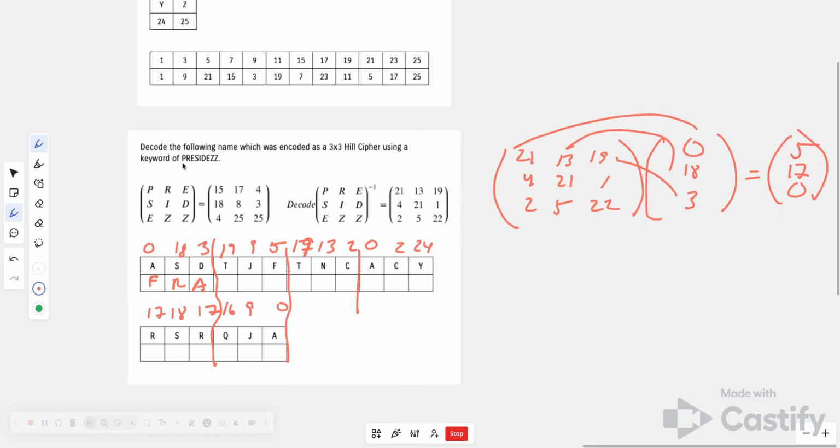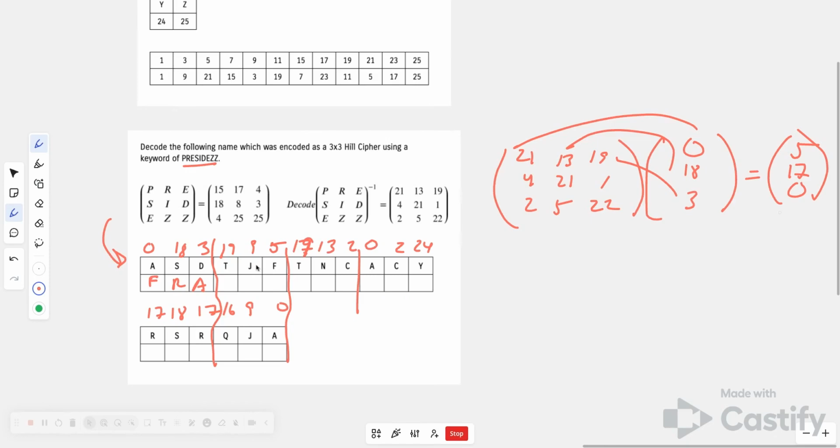Also, typically, the keyword will have something to do with your plain text. In the case before with fear, that was in the quote itself. In this case, this looks like presidents, and we just had a quote from President Franklin D. Roosevelt. So this is probably going to be his name.